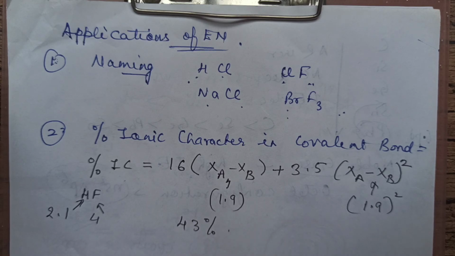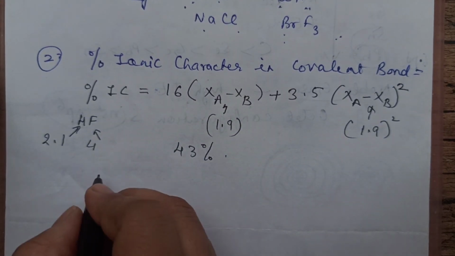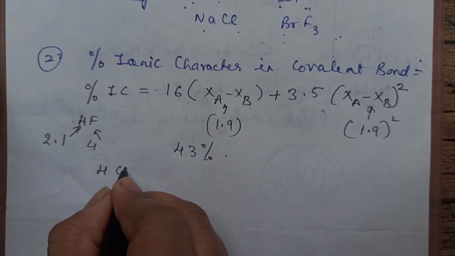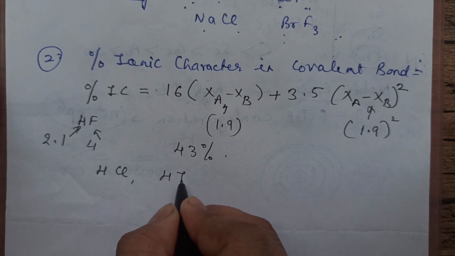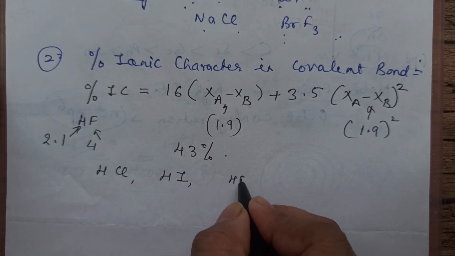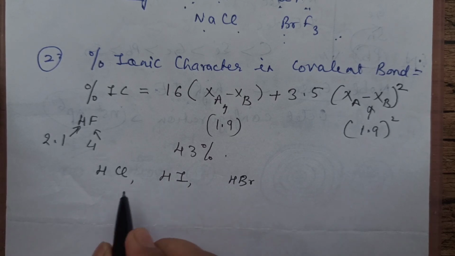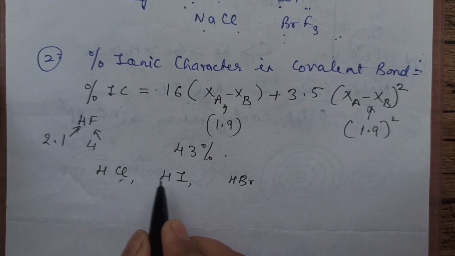So even covalent bonds may have some ionic character in them, based upon the difference in the electronegativity. Likewise, children, you can try it on your own. What is the percentage ionic character in HCl? You can calculate in HI, you can calculate in HBr. I told you the electronegativity of chlorine is 3.